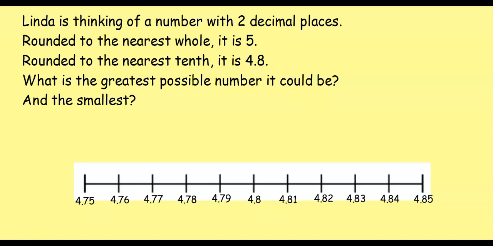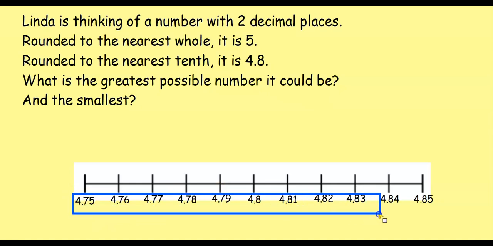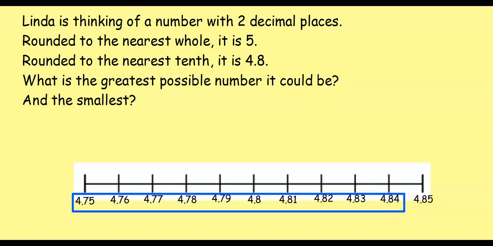Well, if you've worked out the first part to the question like we did, we had a little look and we knew that the numbers in this range here would all round to our target number, which was 4.8. So we're looking for numbers that round to 4.8 here, and they were all the ones in the little zone that we have here. So actually, these questions aren't too tricky if we've already solved the first part.